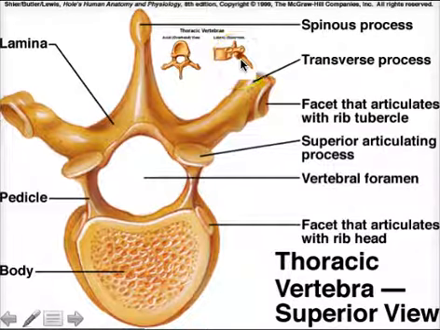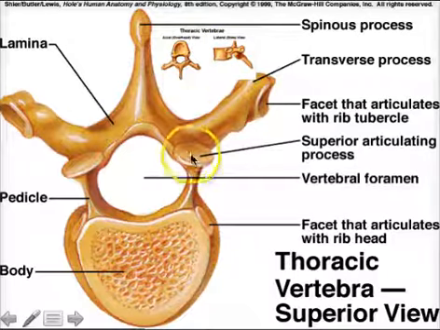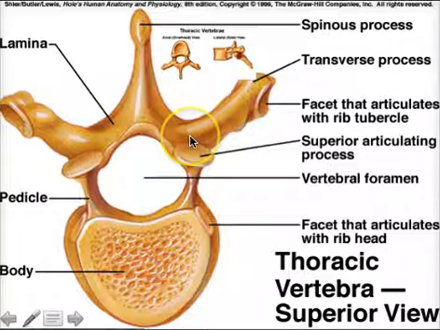In this way, when you bend over or really flex your spinal vertebral column, those downward projecting spinous processes still maintain a bit of overlap with the one below it, and therefore keeping a constant bony covering over your spinal cord. Then we still have our superior articular facets here with the inferiors below.